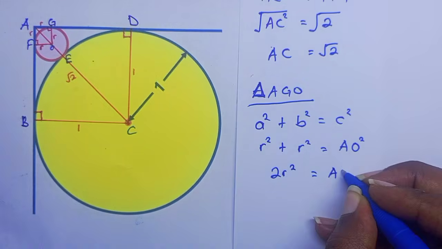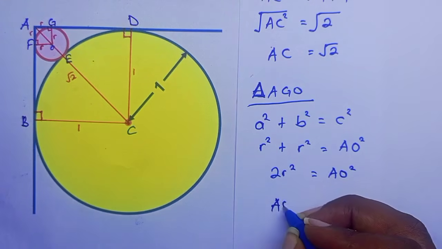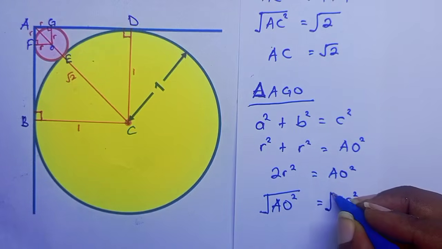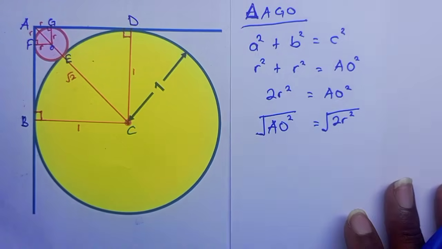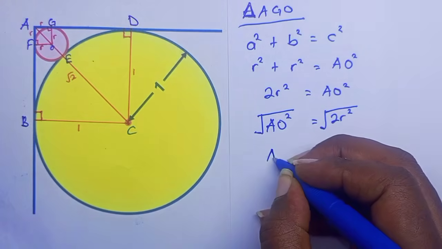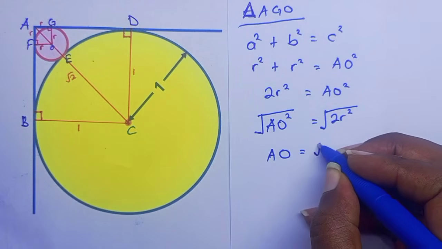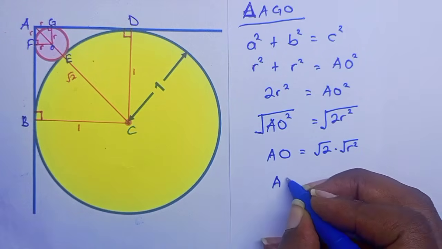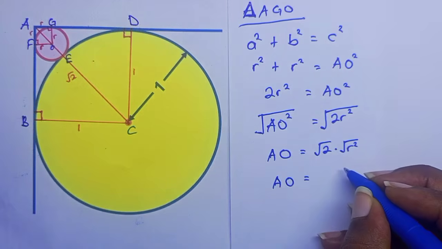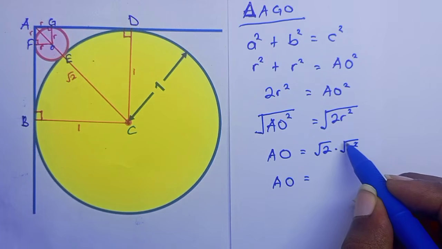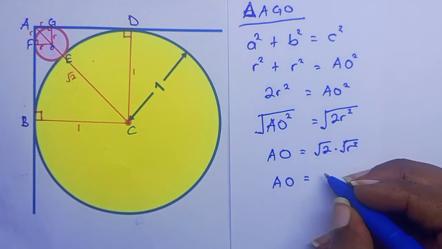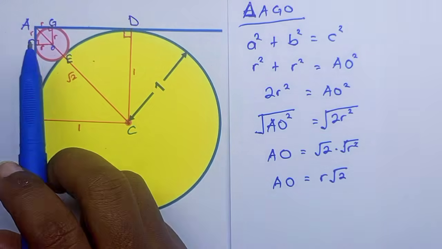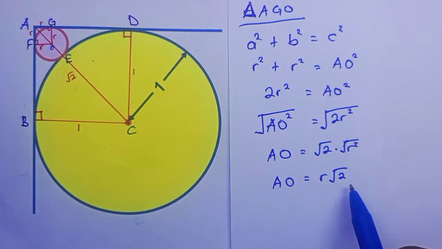This is equal to AO squared. So to find AO, we shall have to find the square root on both sides. So AO will be equal to root 2 times root of r squared, which gives us root 2 r, which is the same as r root 2. So AO is r root 2.